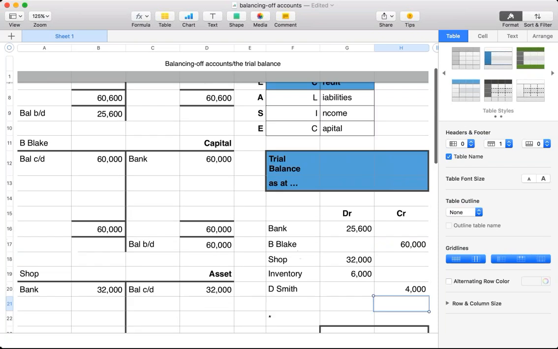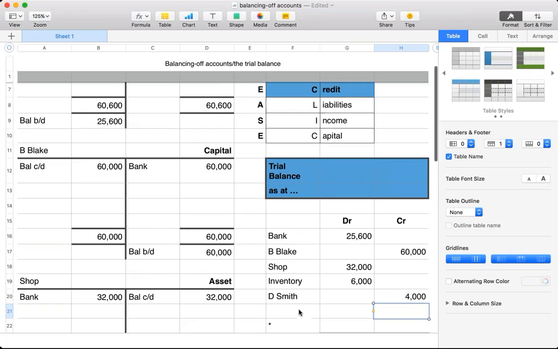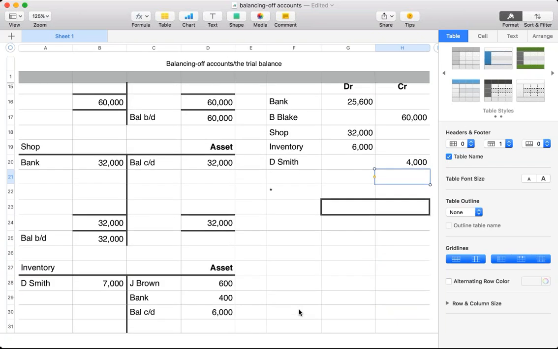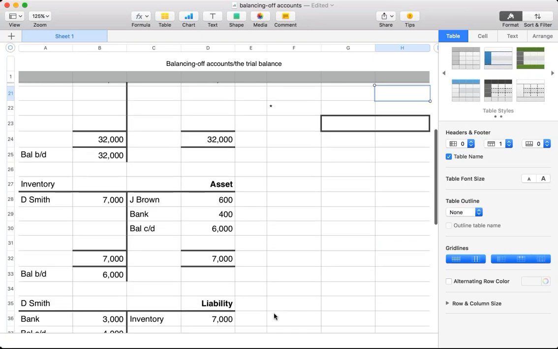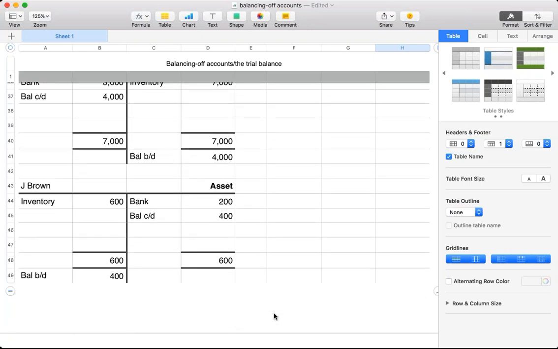And again, the debit-credit logic: D Smith's a liability account, and a liability is a credit, so that follows once again. One more account that we need to put into our trial balance is J Brown. J Brown is an asset. J Brown owes us money, a debtor, if you like.